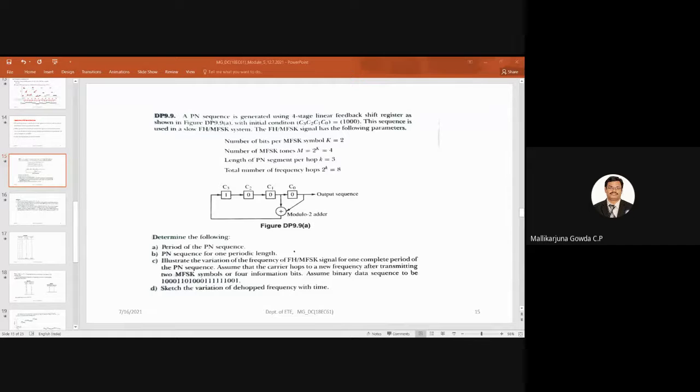So first you write this information sequence as 100, 11, 01, 000, then 4 ones, 001, and mark 2 bits as one MFSK symbol.